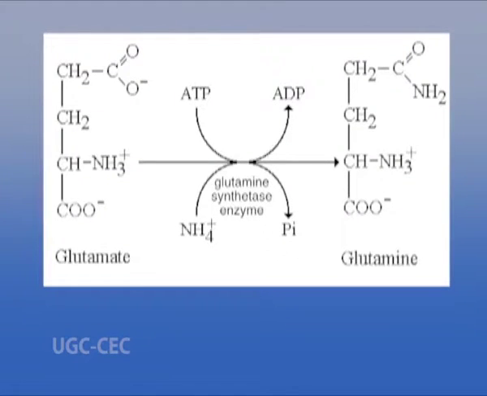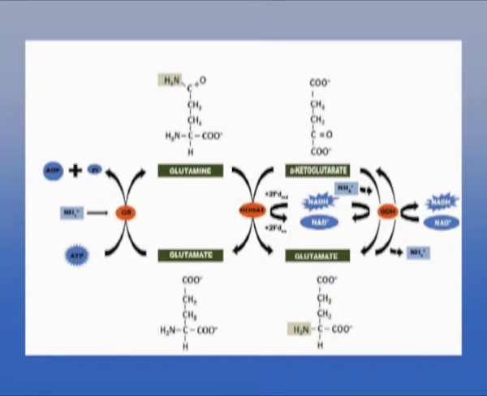The glutamine synthetase enzyme catalyzes the conversion of glutamate to glutamine, removing the toxic ammonia from the cell. This enzyme plays an essential role in nitrogen metabolism and ammonia assimilation regulation.